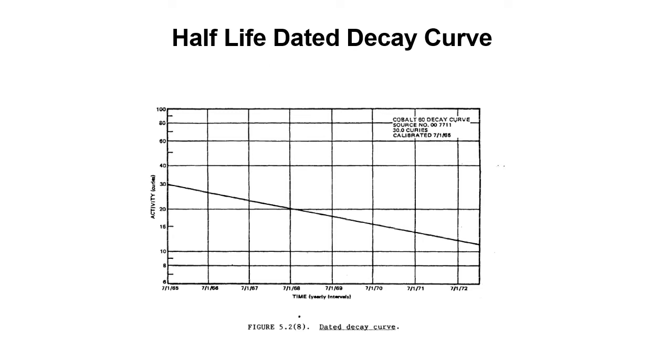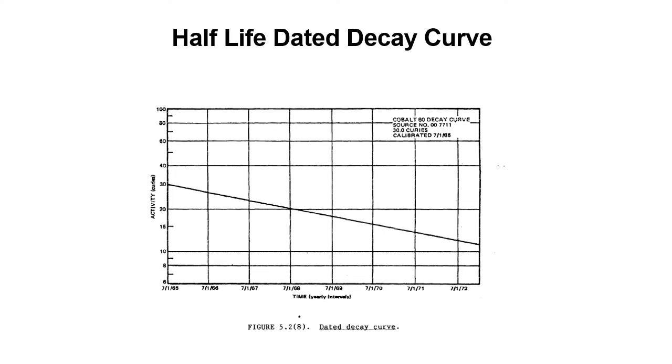Okay, here we've got a half-life decay curve, and this is the same information as I gave you before, but in a different format. You can see your activity in curies on the y-axis, and on the x-axis is time.